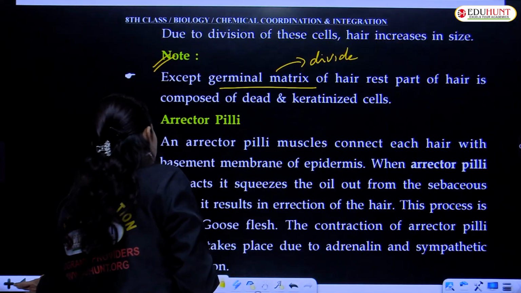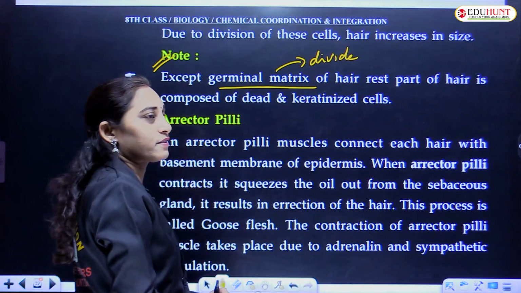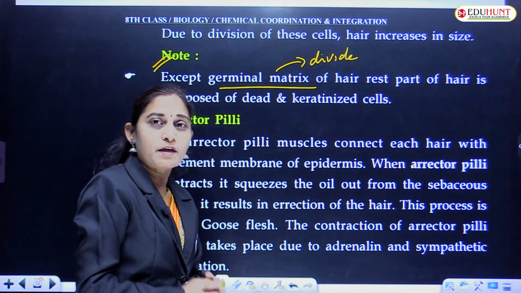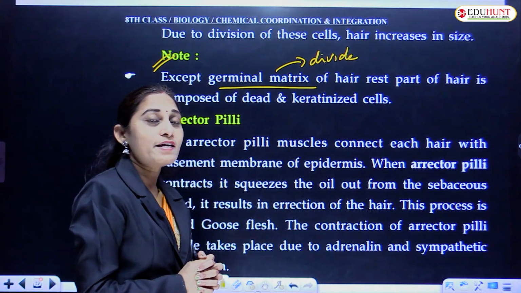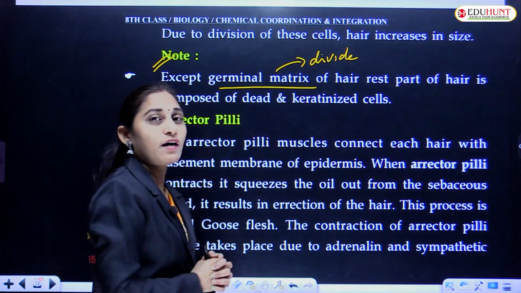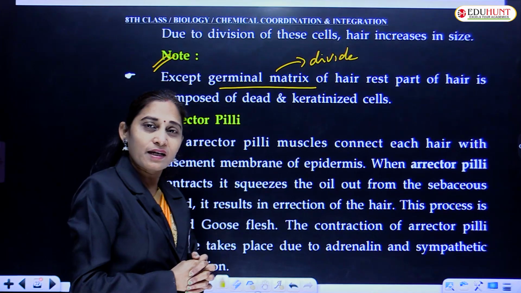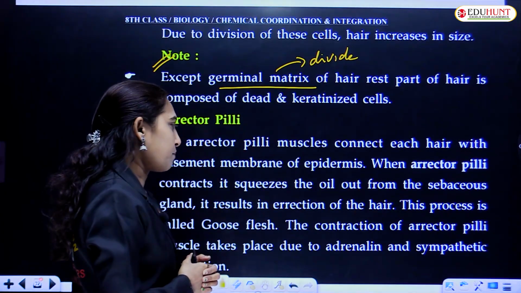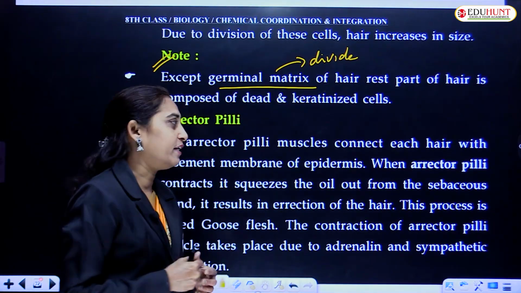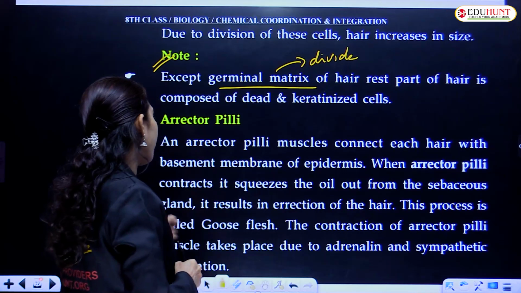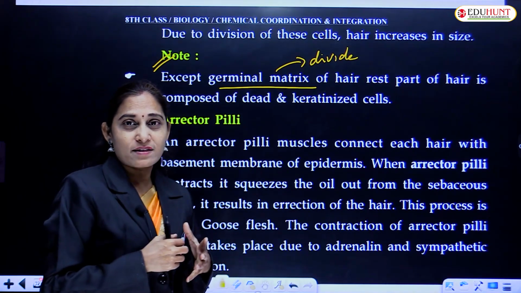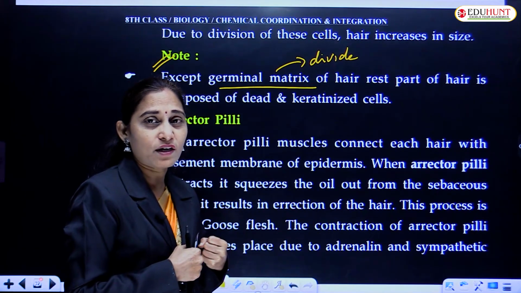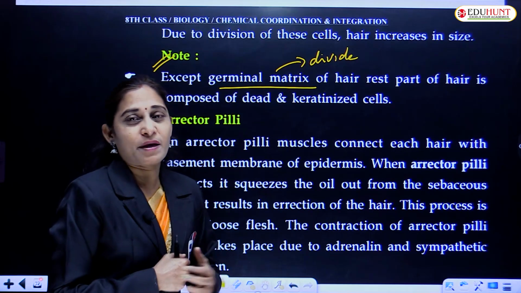And the contractions that occur in the muscle cause the release of oil from the membrane and make the hair wet or sometimes make the hair shiny. The erector pili contract and squeeze. They cause the squeezing of the oil from the sebaceous glands.